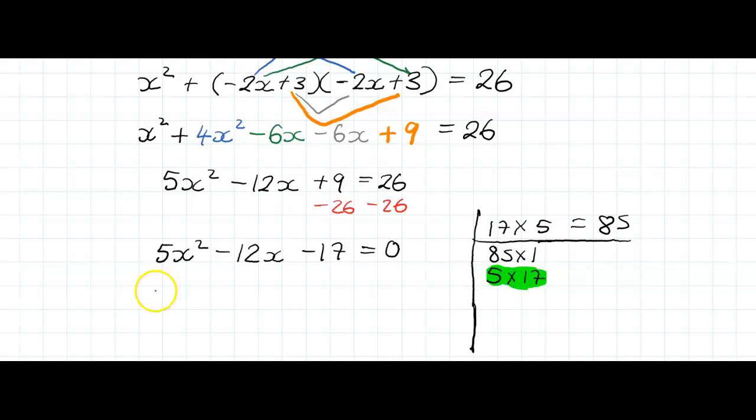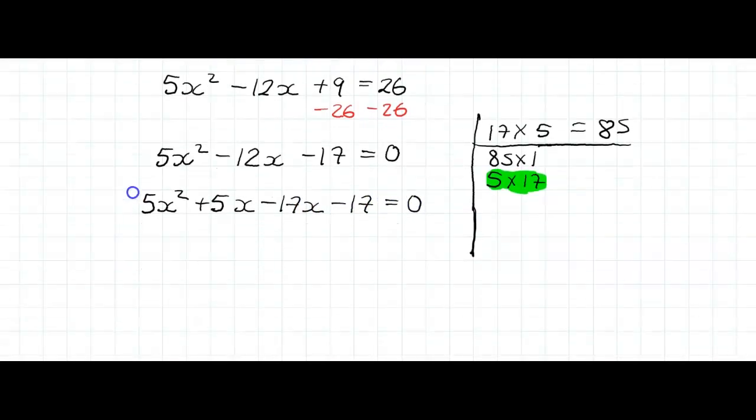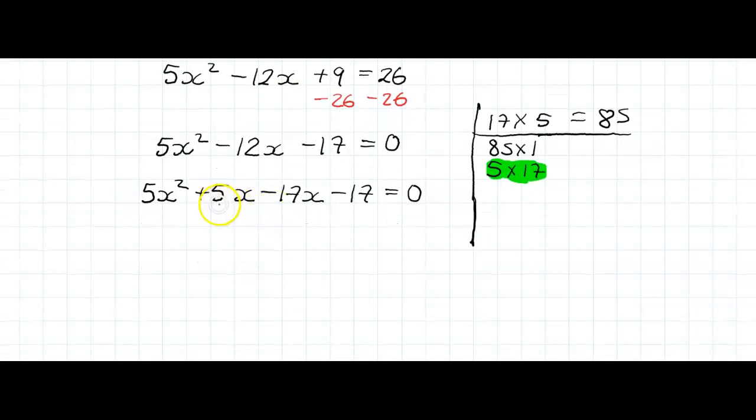Instead of my minus 12x, I'm putting x squared plus 5x minus 17x minus 17 is equal to 0. Plus 5 minus 17 is minus 12.